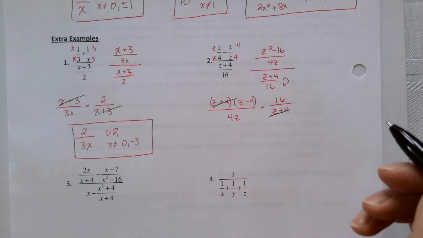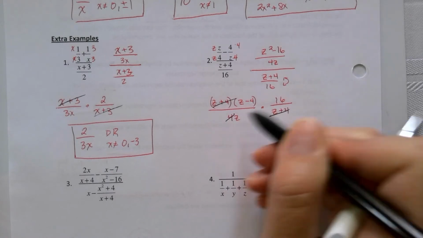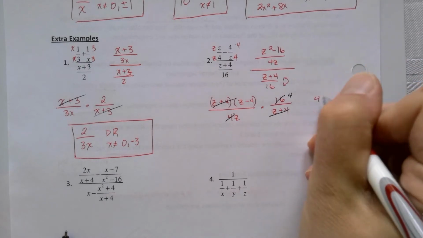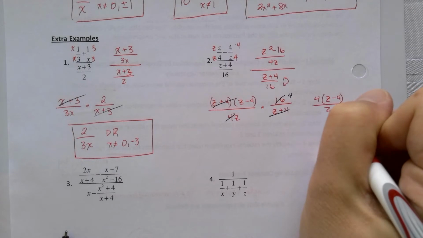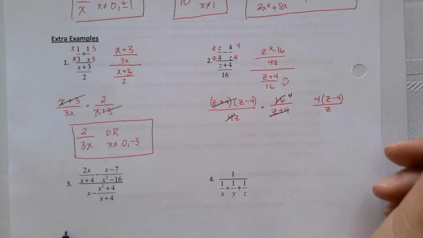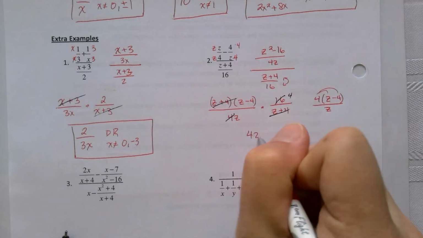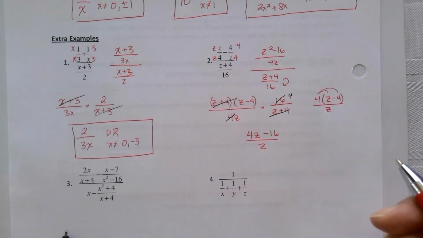And don't forget, 4 times z, 4z and 16, that 4 cancels out. So I am left with in the top a 4 and a z minus 4, and I'm left with in the bottom just a z. And that's all I can do. I cannot cancel more. Distribute this, and I get 4z minus 16 all over z.